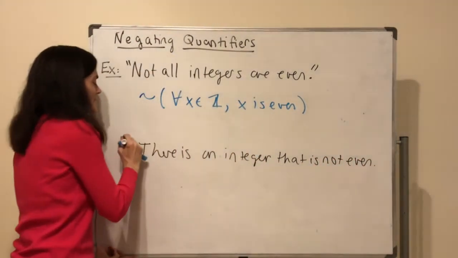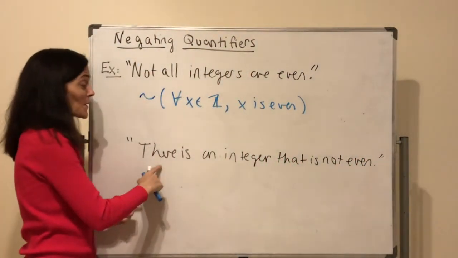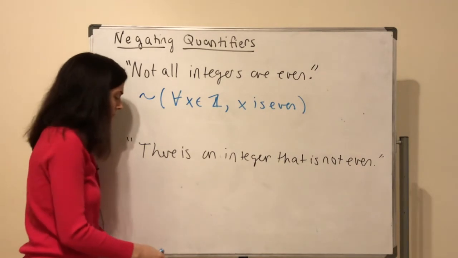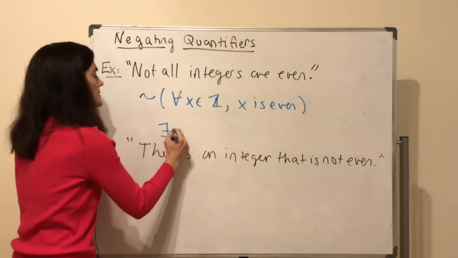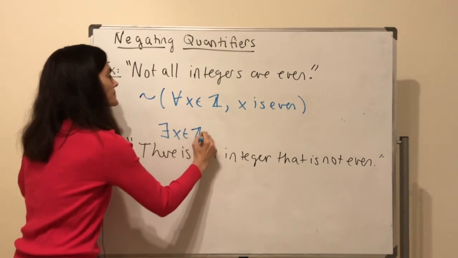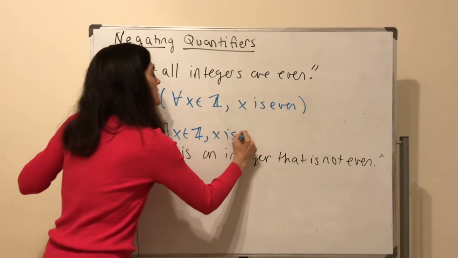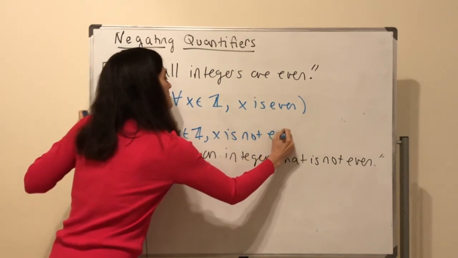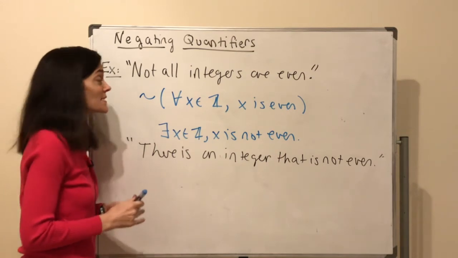These two statements are saying the same thing. Okay. But what is this in symbols? Well, this one says the following. It says there exists an integer such that x is not even. And this is how negating quantifiers goes.